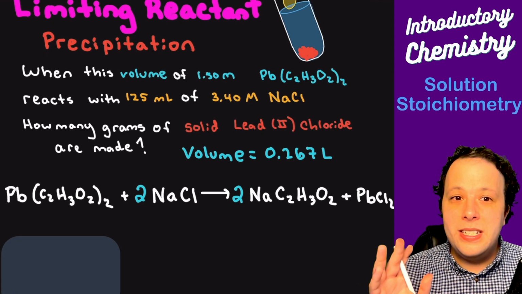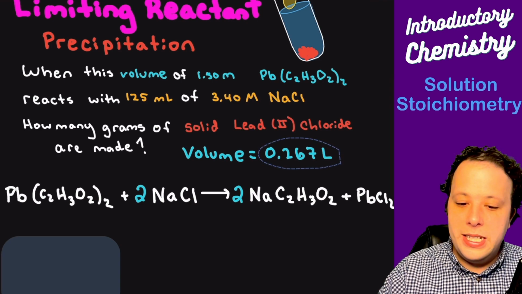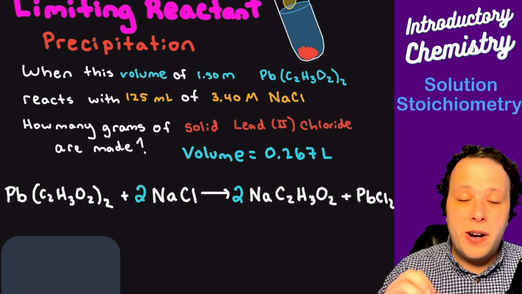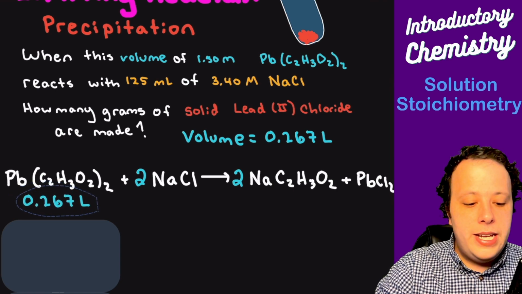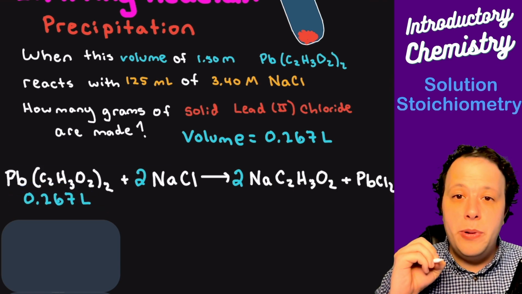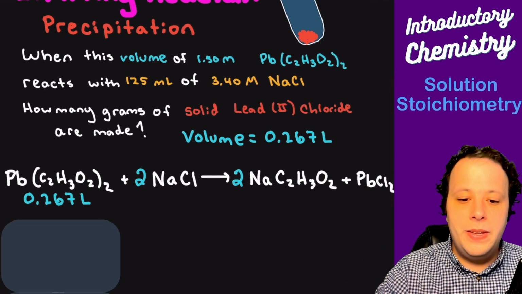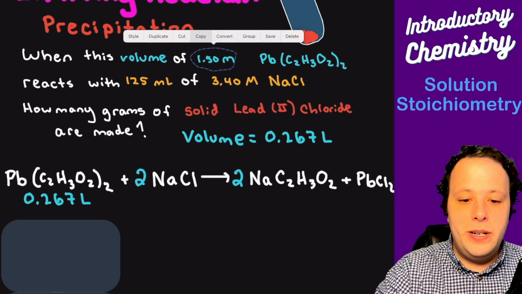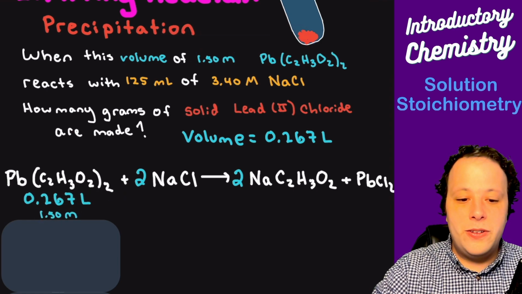Well, the first thing is you want to stay organized with all your pieces of information. So the very first thing is that being that it is a limiting reagent problem, how do we know that it is? Well, generally the telltale sign is when you are given both the volume and molarity for each solution. So we were given a volume of 0.267 liters with 1.50 molar.